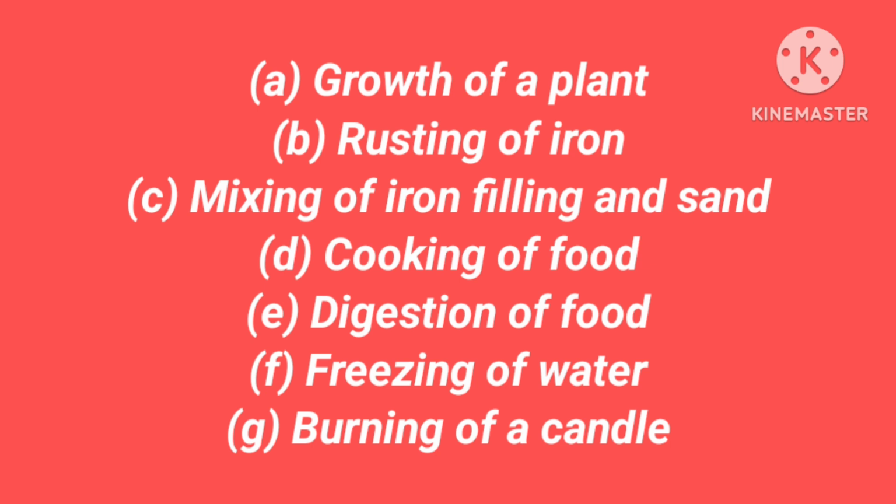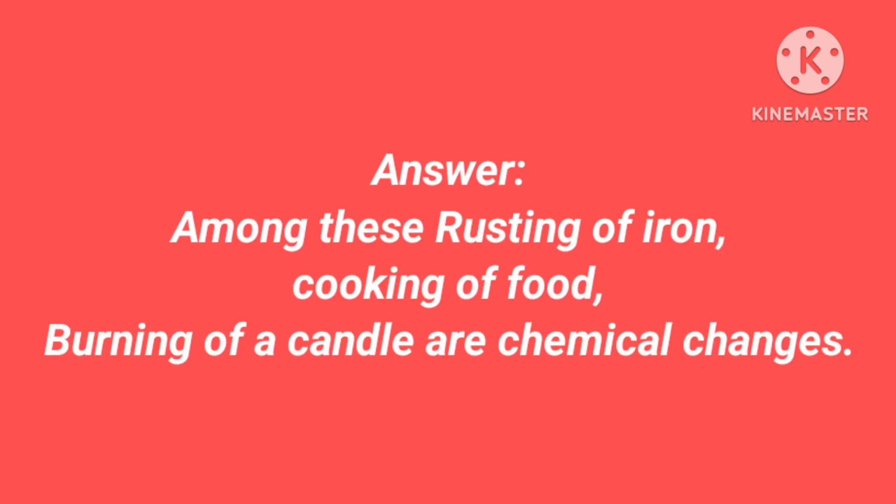If it changes permanently, then we could say it is a chemical change. If you just imagine growth of a plant, it can never be regained, or cooking of food can never bring back the same vegetable as before. Among these, rusting of iron, cooking of food, and burning of candle are the chemical changes.